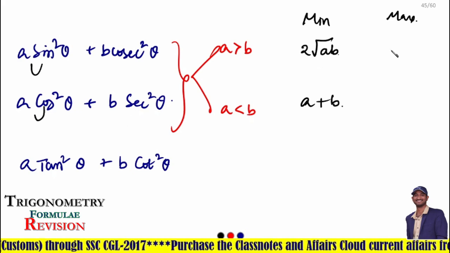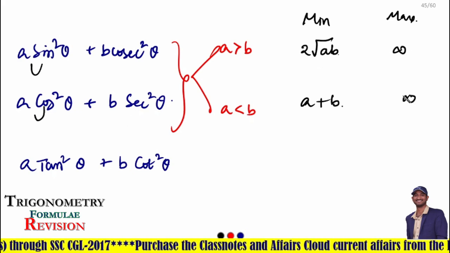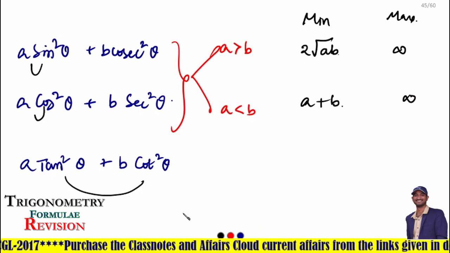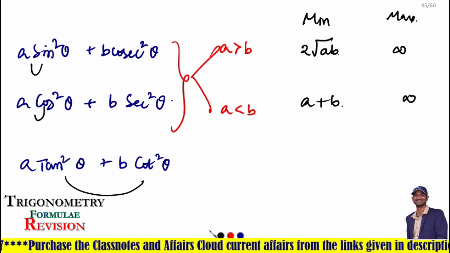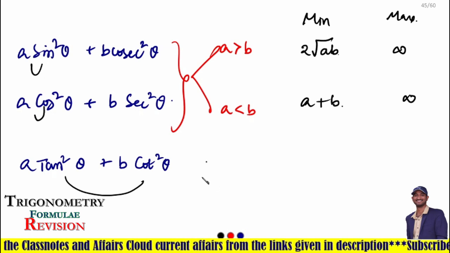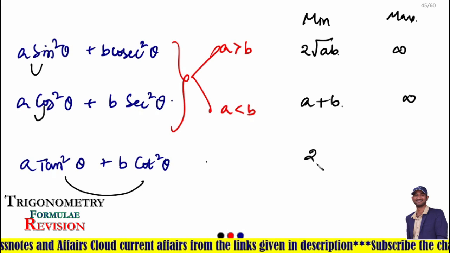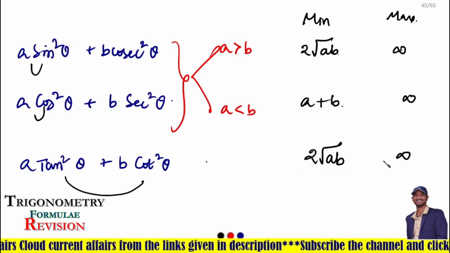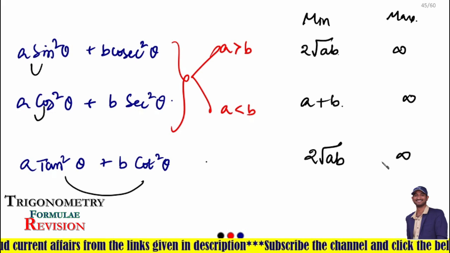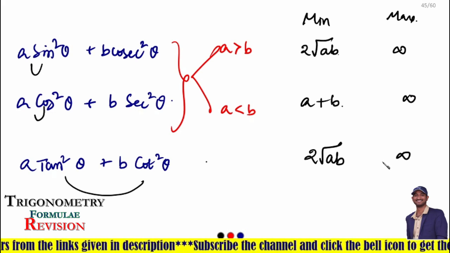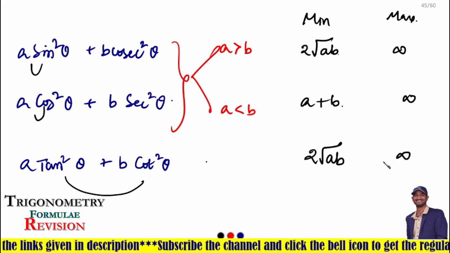The maximum value is always plus infinity. But in case of tan and cot, irrespective of the relation between a and b, whether a is greater than b or less than b, the minimum value is 2 root ab and the maximum value is of course infinity. Okay, these are three important formulas in trigonometric functions, maximum and minimum.